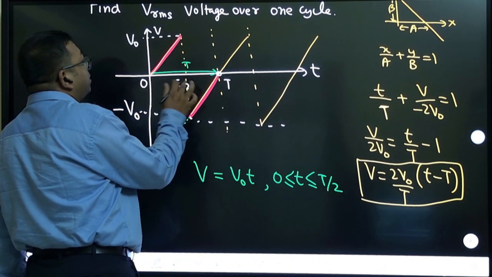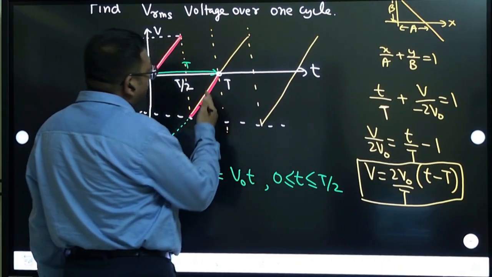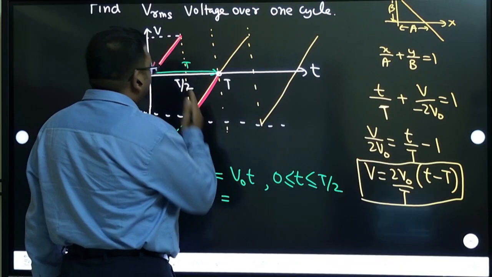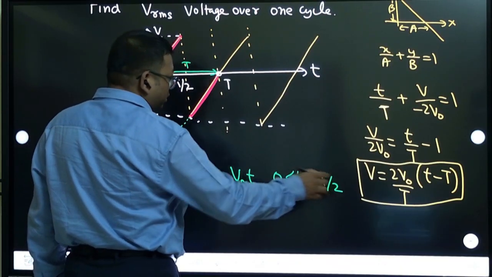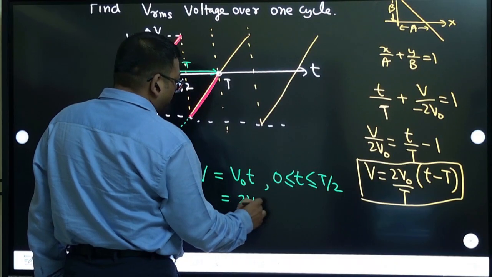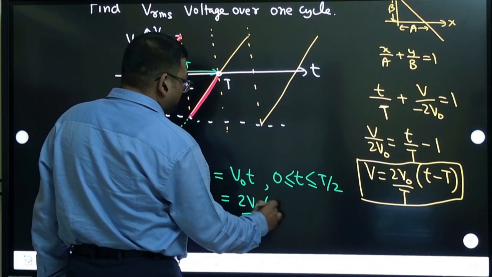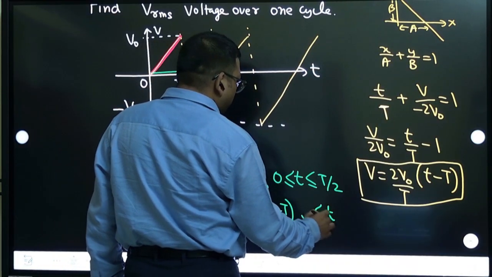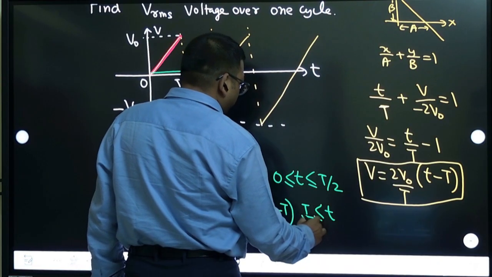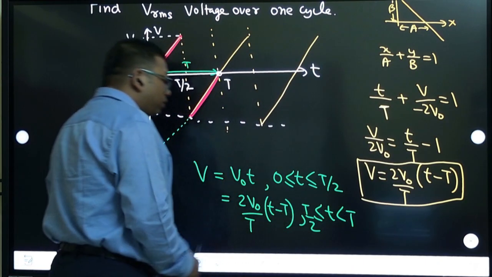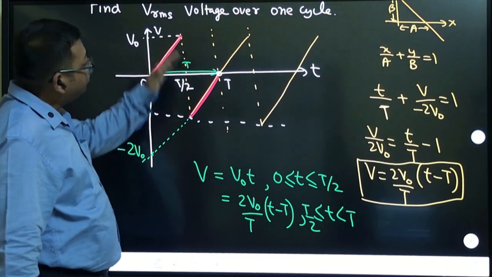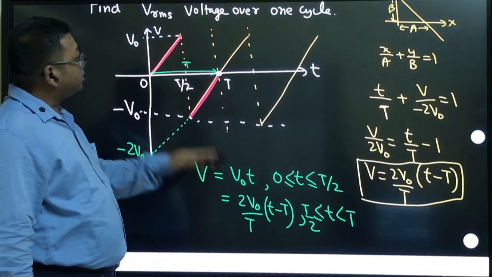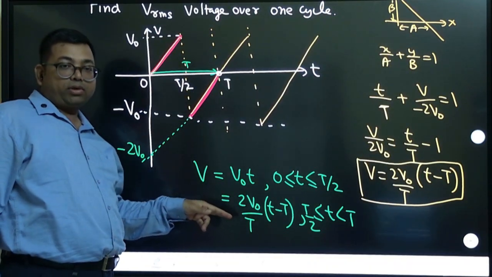After the half cycle, the equation is 2 V naught by T into (t minus capital T). You use this over the next T by 2 to T. So you have two equations because these are two different lines.